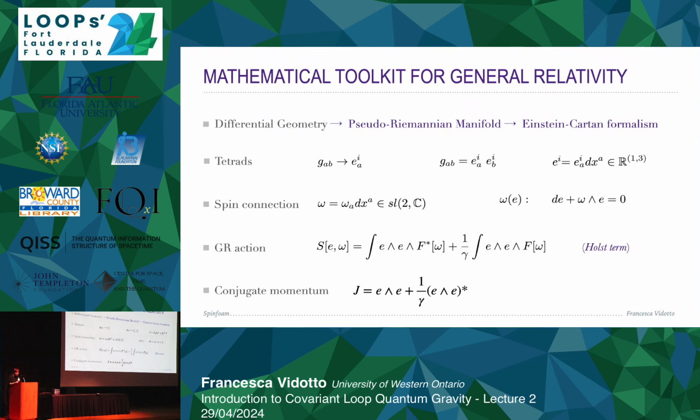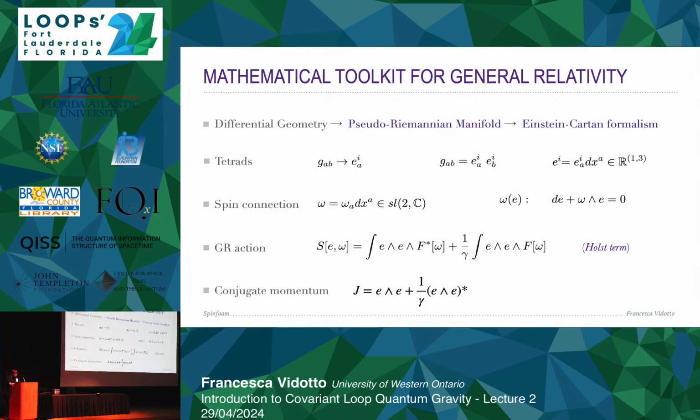Instead, the fact that I am restricting the choice of B to take this particular form, so the fact that I am making this choice of the conjugate momentum to the spin connection, implies that I am actually restricting my theory to the right number of degrees of freedom. So I'm restricting the degrees of freedom of my theory.